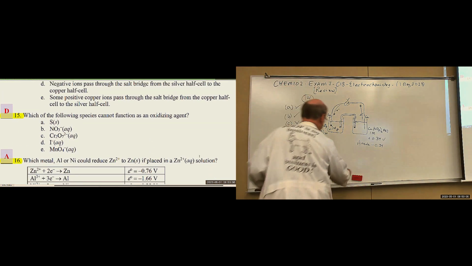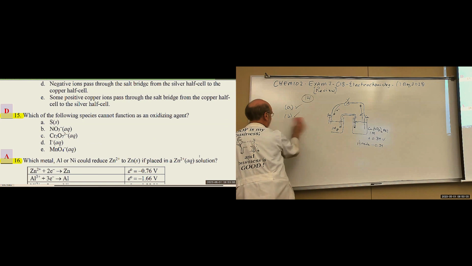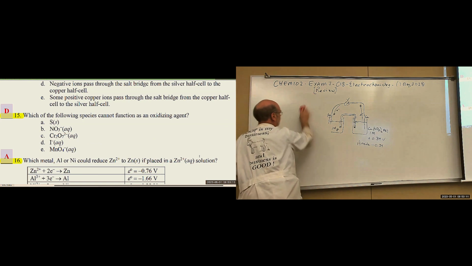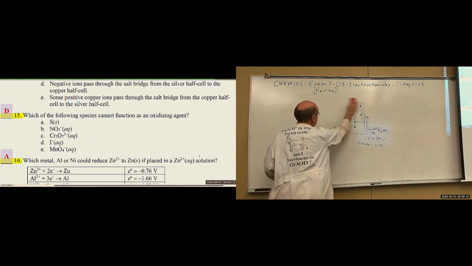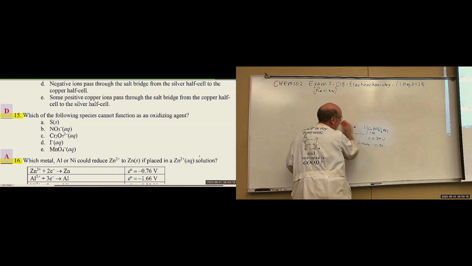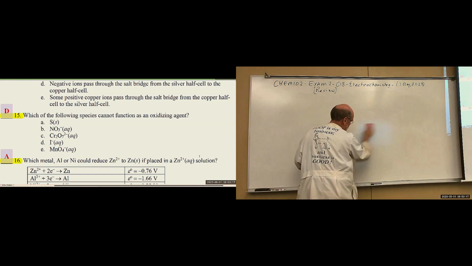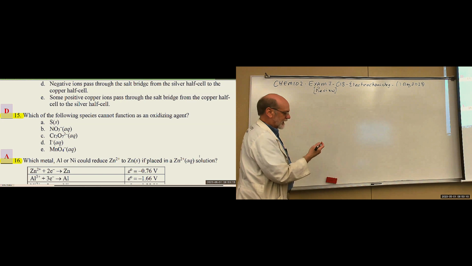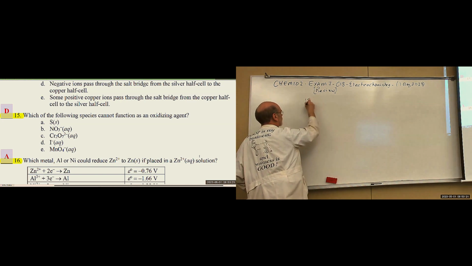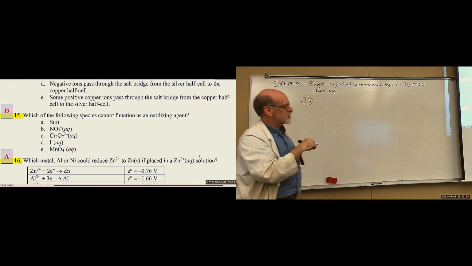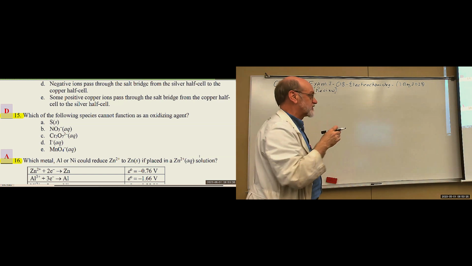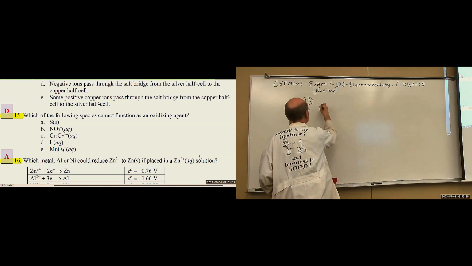15. Now you may not have to draw a picture to get the idea, but I like pictures. Which of the following species cannot function as an oxidizing agent? All right, let's put them up here.